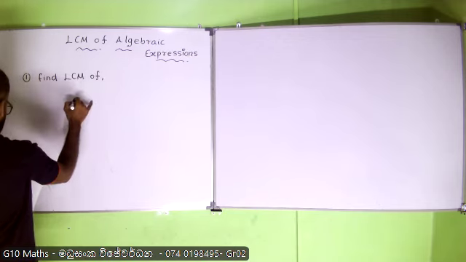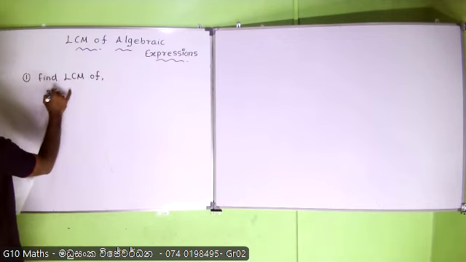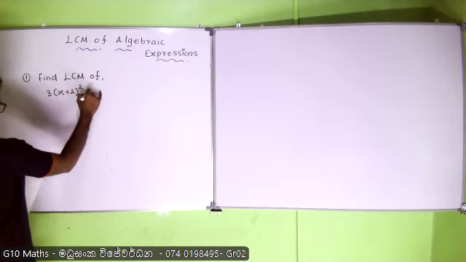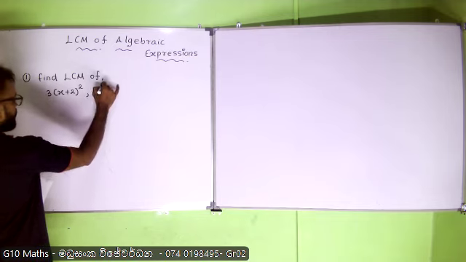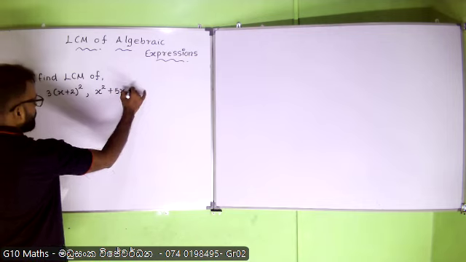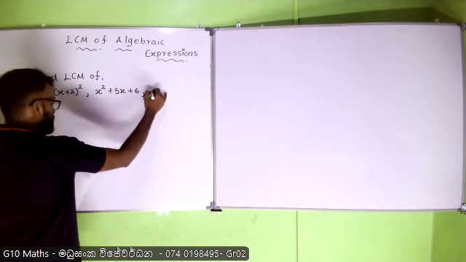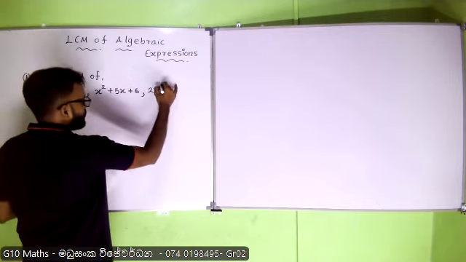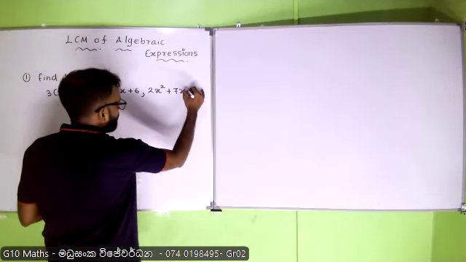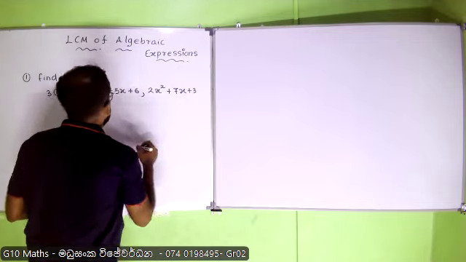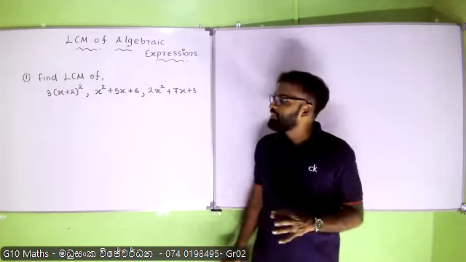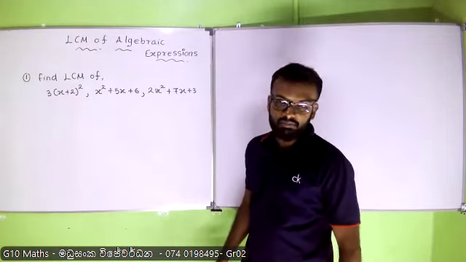Find the LCM of 3 times x to the power 2, comma, x to the power 2 plus 5x plus 6, comma, and the next expression is 2x to the power 2 plus 7x plus 3. So these are the three expressions for which you need to find the LCM.